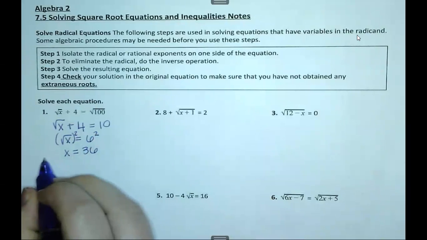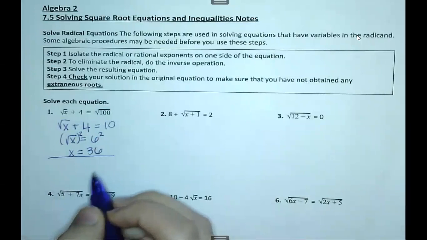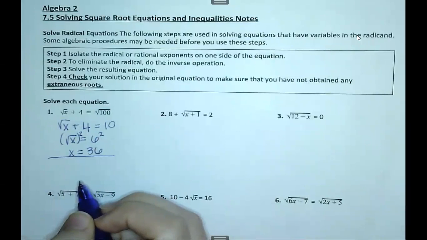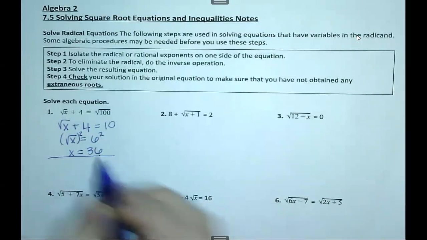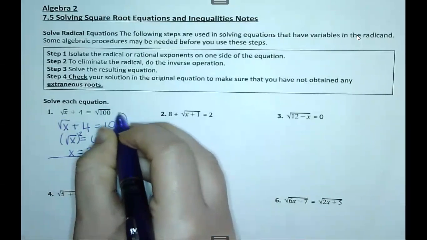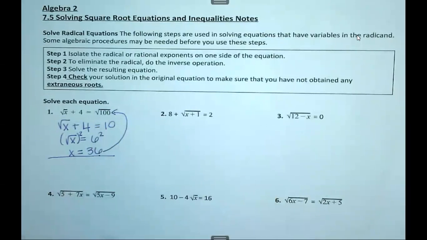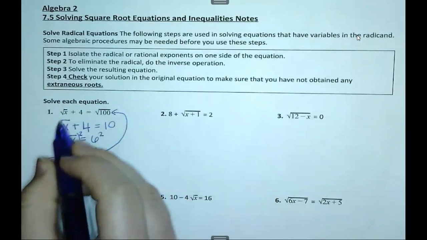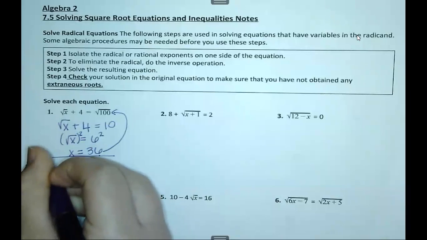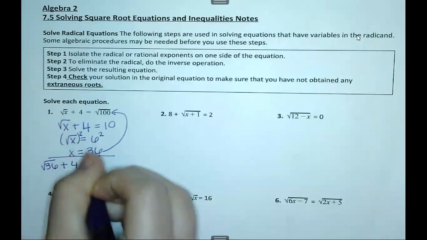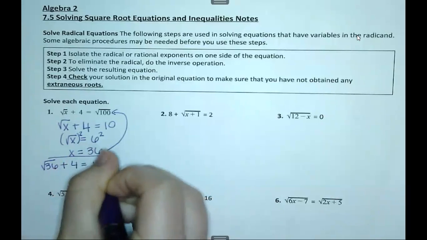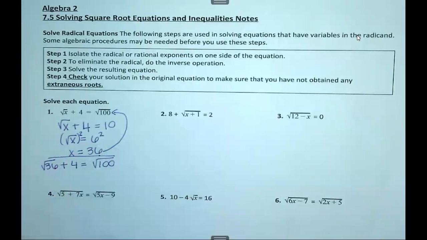Now, it does say that once we have done so, we need to check our answer in the original equation to make sure it's not extraneous. So I'm going to take this 36 and plug it in for x in this equation up here. So I would end up with the square root of 36 plus 4 equals the square root of 100.